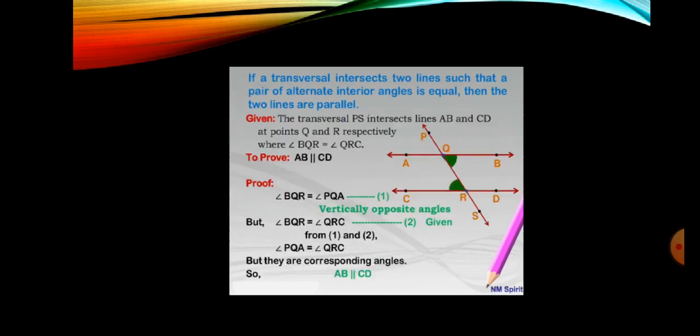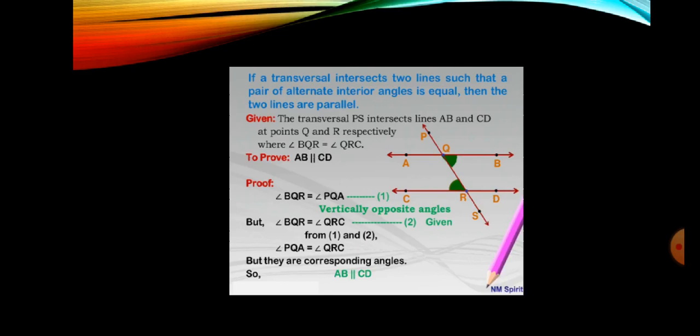Now, the next theorem is: if a transversal intersects two lines such that a pair of alternate interior angles is equal, then the two lines are parallel. In the last theorem, we had to prove angles, but here the angles are given equal, and we have to prove AB and CD are parallel.